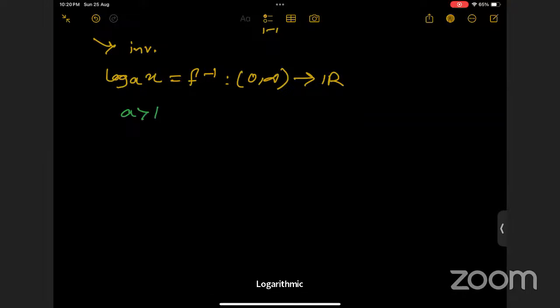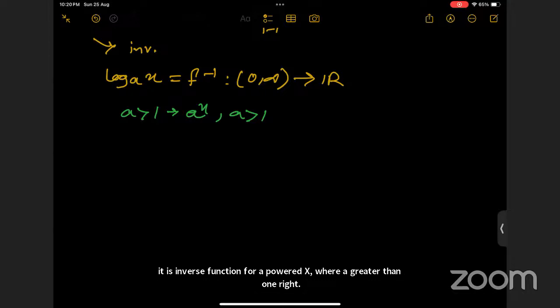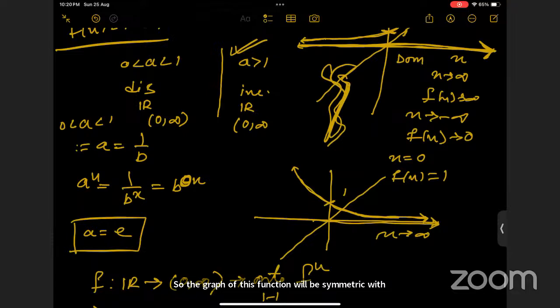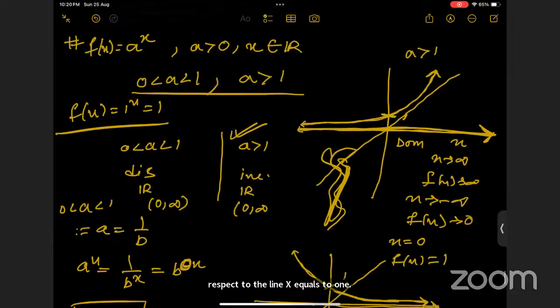It is the inverse function of a power x where a is greater than 1, right? So the graph of this function will be symmetric with respect to the line x equals y. When a is greater than 1, the graph of the exponential function was like that, right?